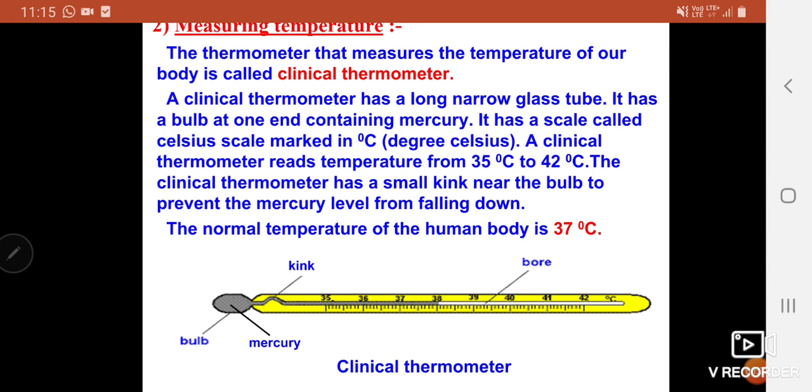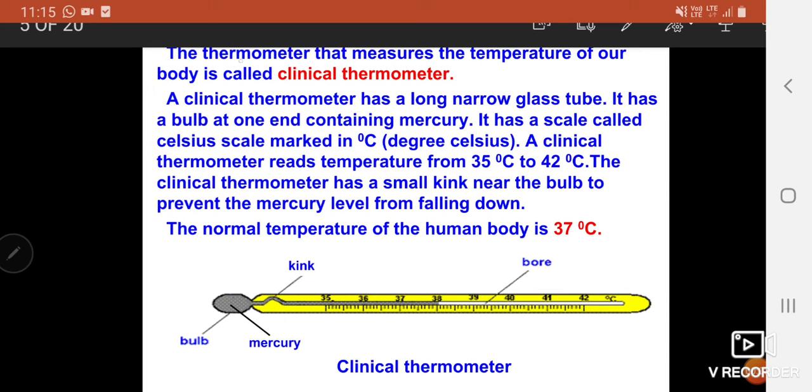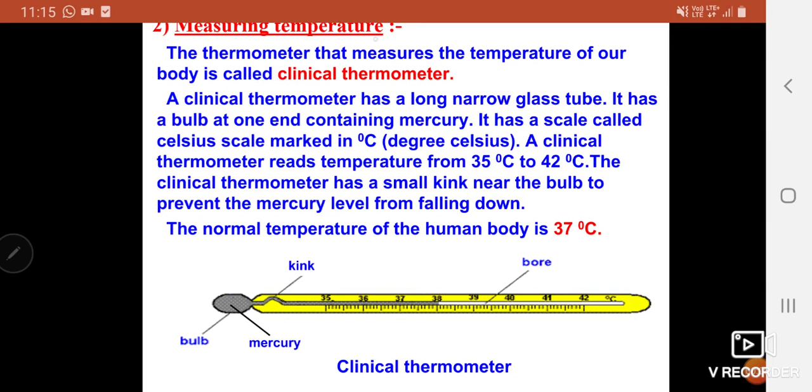And the next important concept related to the clinical thermometer is measuring temperature. That means by using this clinical thermometer or digital thermometer, how one can measure the temperature. So here, what type of thermometer are we using? A clinical thermometer.